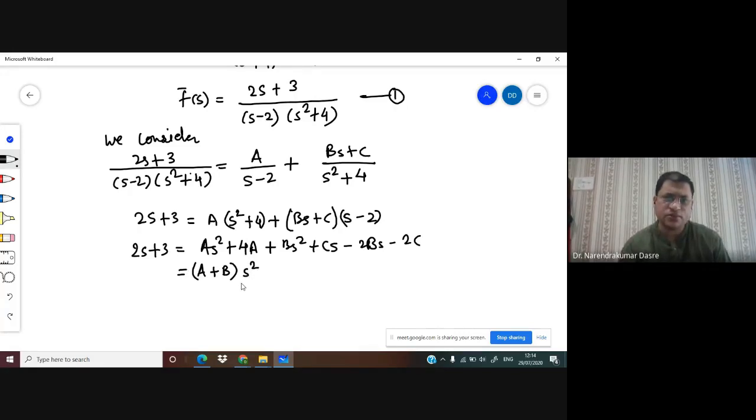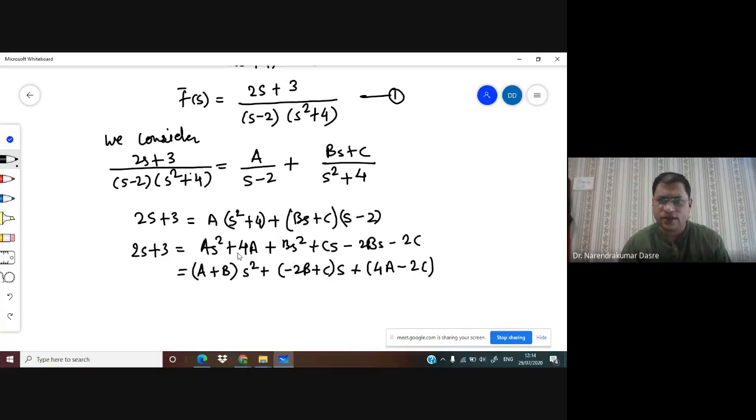So I'm collecting the terms with the same power of s. Now plus, what will we be having? Minus 2b plus c s, and plus I'll be having 4a. Then this is going to be minus 2c.